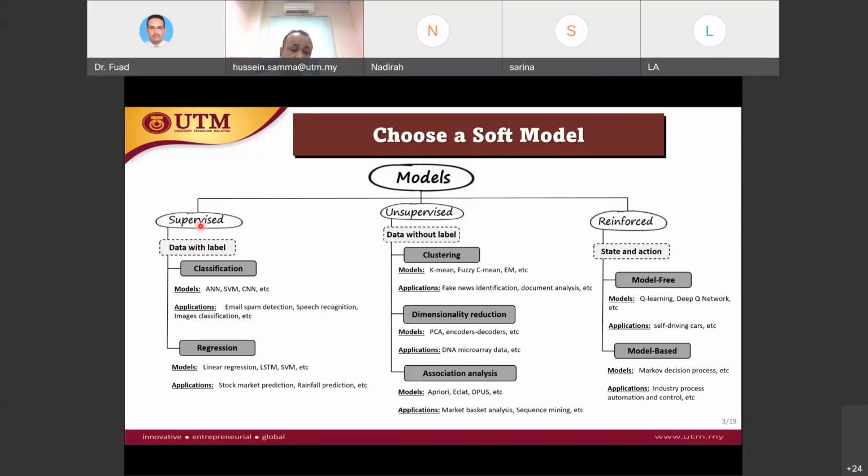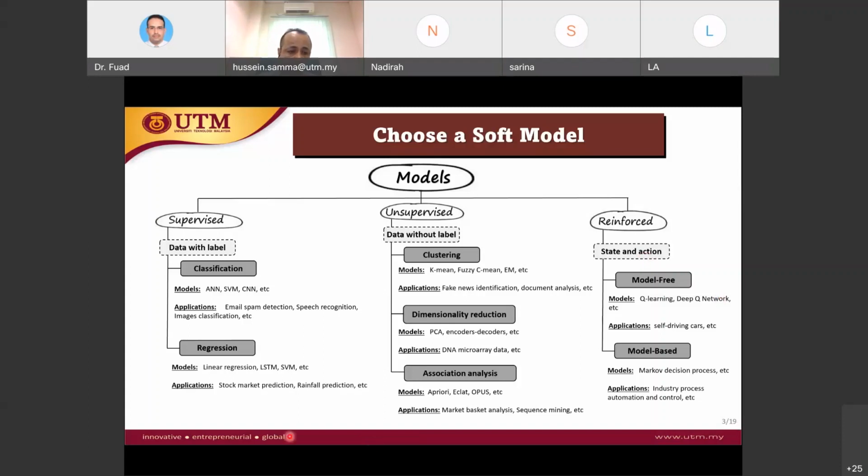But if you have the data and these data are not labeled, we are talking about the category of unsupervised learning. In the third category, if we don't have the data, our model is also different. We are talking about reinforcement learning, which learns from actions in the environment. So we have some kind of states, actions, rewards, policies, and so on.